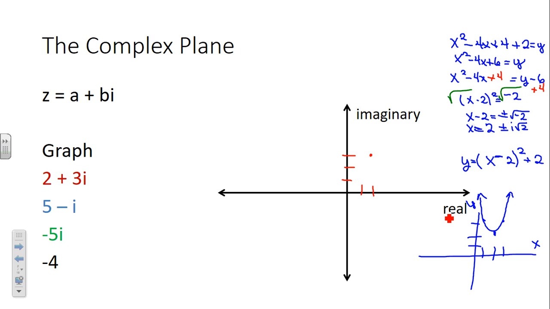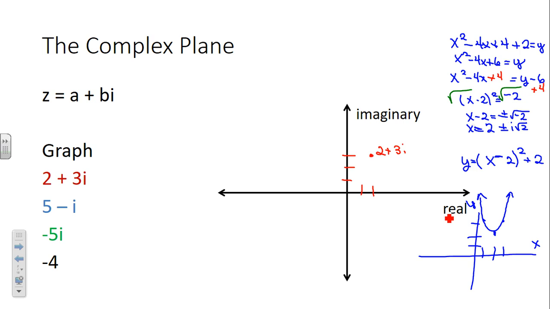Just like our x and y coordinate system, we're going to go 2 to the right because it's positive, and 3 up because that is positive. And this is the point 2 plus 3i on the complex coordinate plane. So far so good?